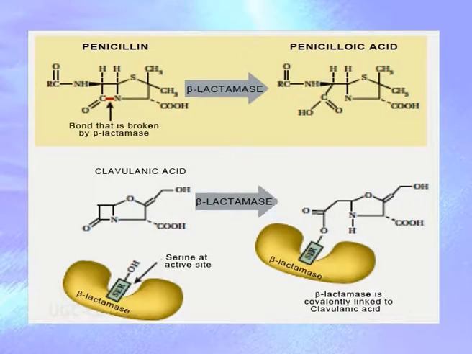It also has a similar beta-lactam type of ring, and it binds to and occupies the active site of the beta-lactamase enzyme, thus preventing the binding of the beta-lactam antibiotics onto the active site of beta-lactamase.